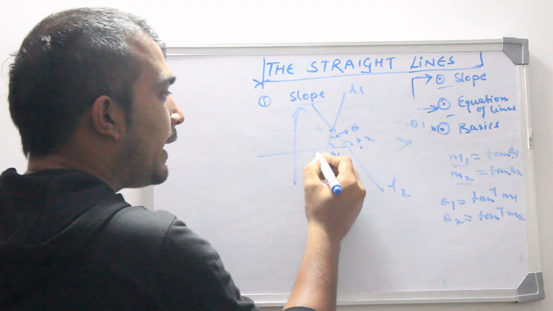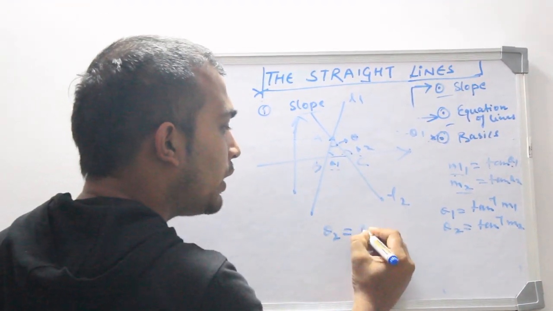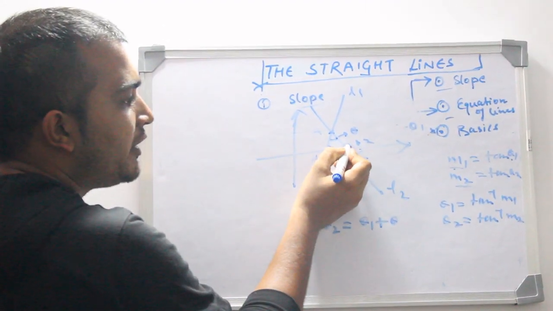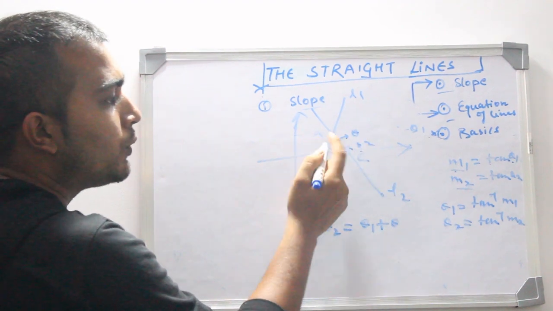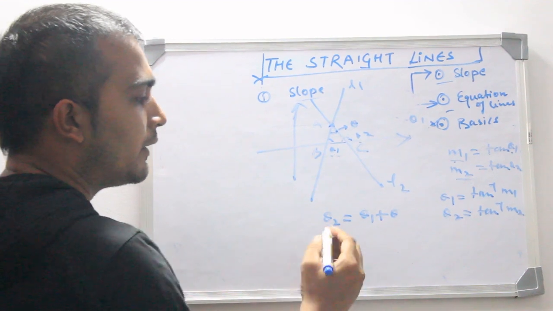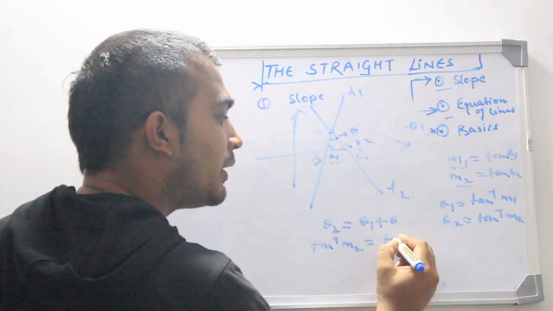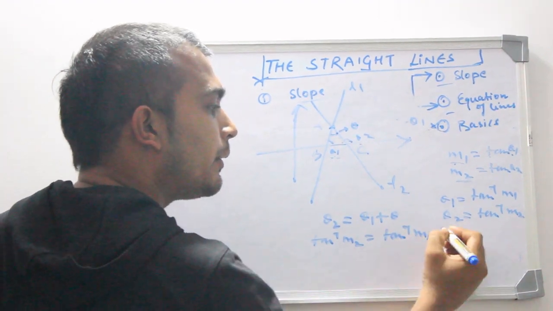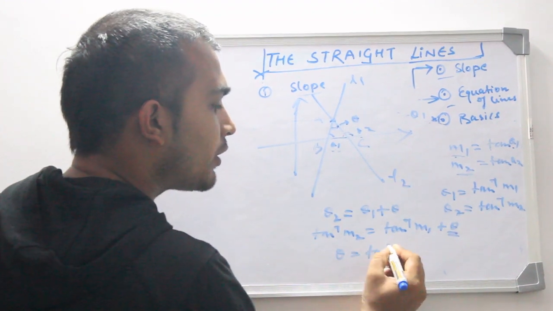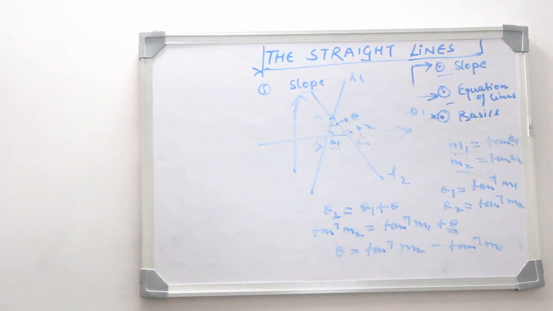If you see this triangle ABC, theta 2 should be equal to theta 1 plus theta. How? Exterior angle equals the sum of the two opposite interior angles. So theta 2 should be equal to theta 1 plus theta. We know theta 2 is tan inverse of m2, and theta 1 is tan inverse of m1. We are interested to find out this theta. So theta is nothing but tan inverse of m2 minus tan inverse of m1.